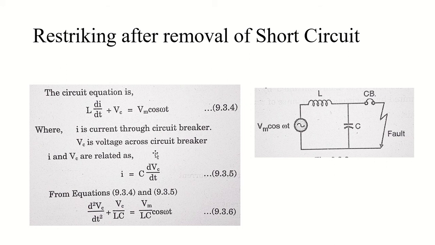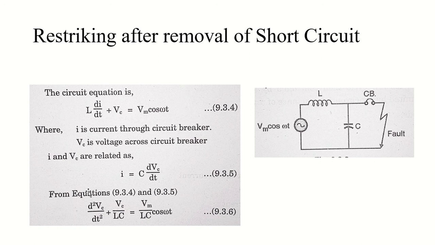Finally you will get d square Vc divided by dt square plus Vc by LC equal to Vm divided by LC cos omega t. Basically, we are dividing the whole equation by LC and also eliminating the current by substituting its value.